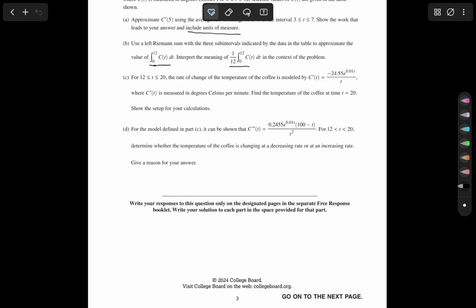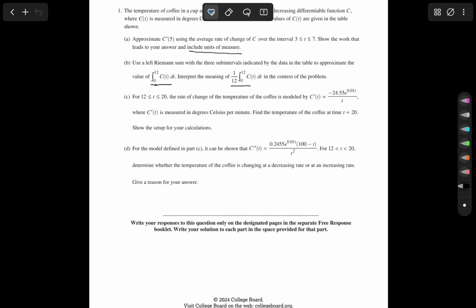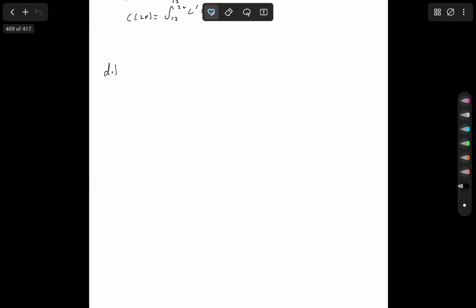We go to math, fnInt, with 12 to 20 as our bounds, and we punch in our function, which is negative 24.55 sec e to the 0.01x, over x dx.